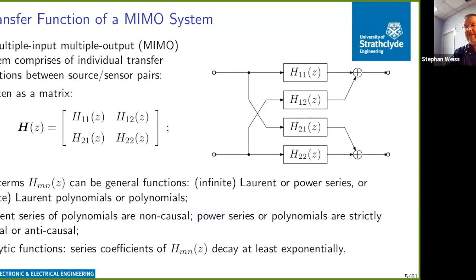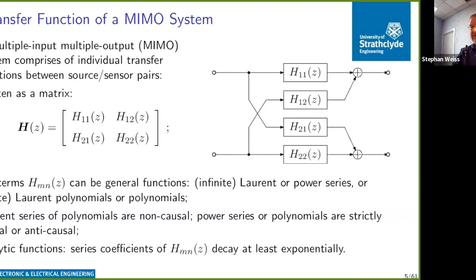Laurent polynomials are truncated Laurent series, so they will not go to infinity. And finally, there's also power series or polynomials, which are either strictly causal or anti-causal. And again, the power series would be of infinite extent, and the polynomial would be finite.